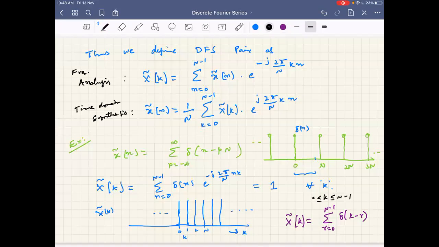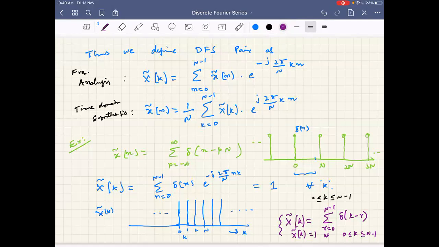Because see, x tilde of 0 is what? So from this if you infer, x tilde of k is equal to 1 for all 0 less than or equal to k less than or equal to N minus 1. This and this are the same, right? Sir, I thought we won't get any impulses for k less than 0.